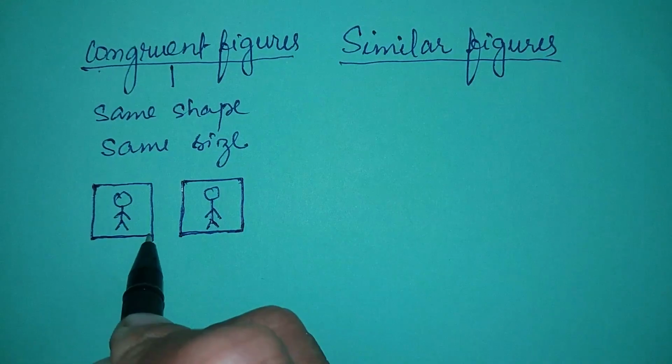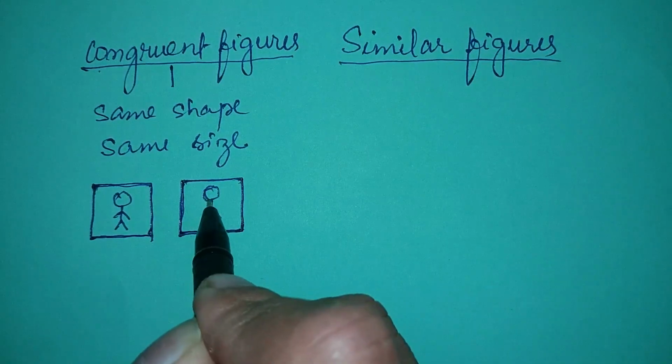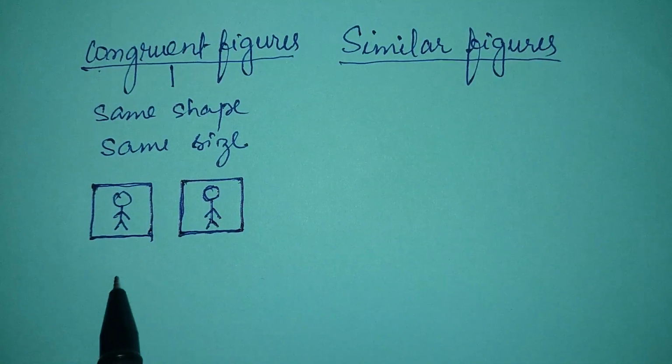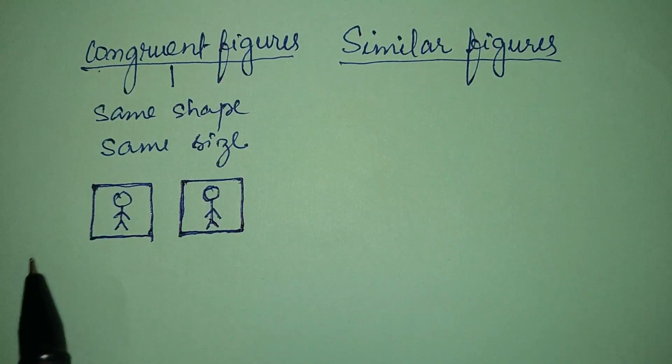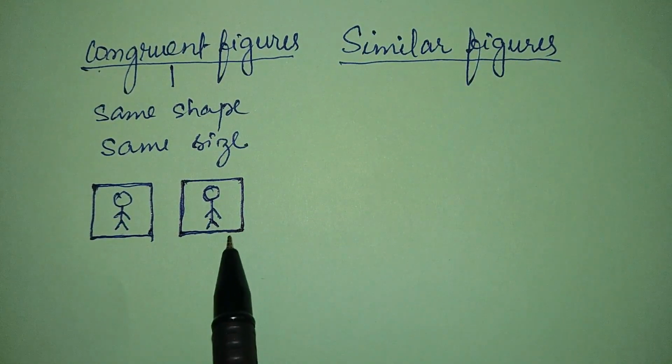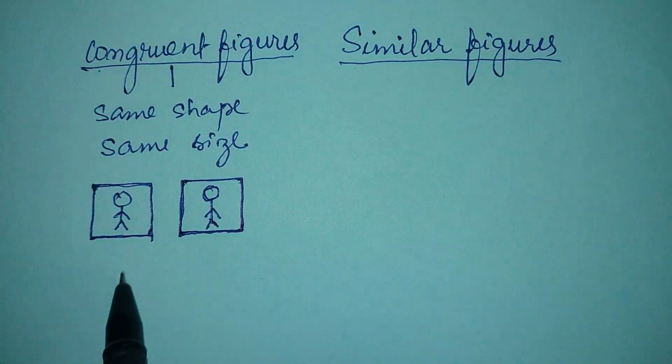Now we have two copies of the same photograph of the same person. These two copies have the same shape as well as the same size. So this type of figures are said to be congruent.